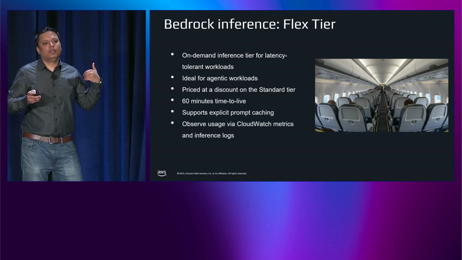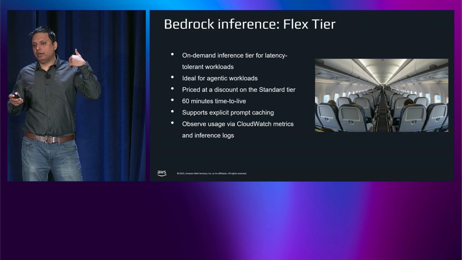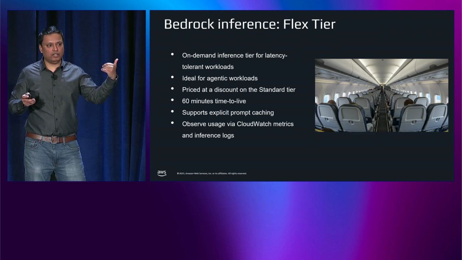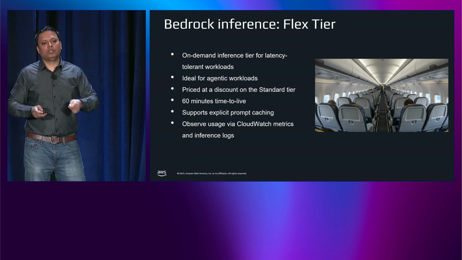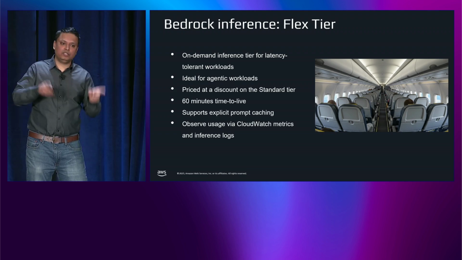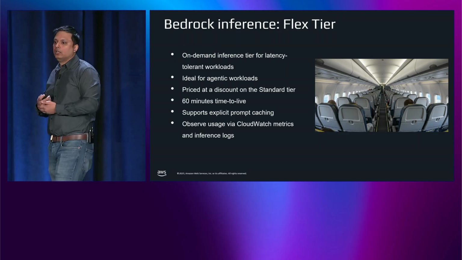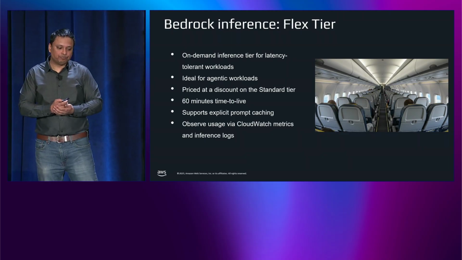So let's say on standard tier, you're spending $1 per token. On flex, you're spending 50 cents per token, right? If your token is read from cache, we give you 90% discount on 50 cents. So we are just passing on the same benefits to you on flex tier also.